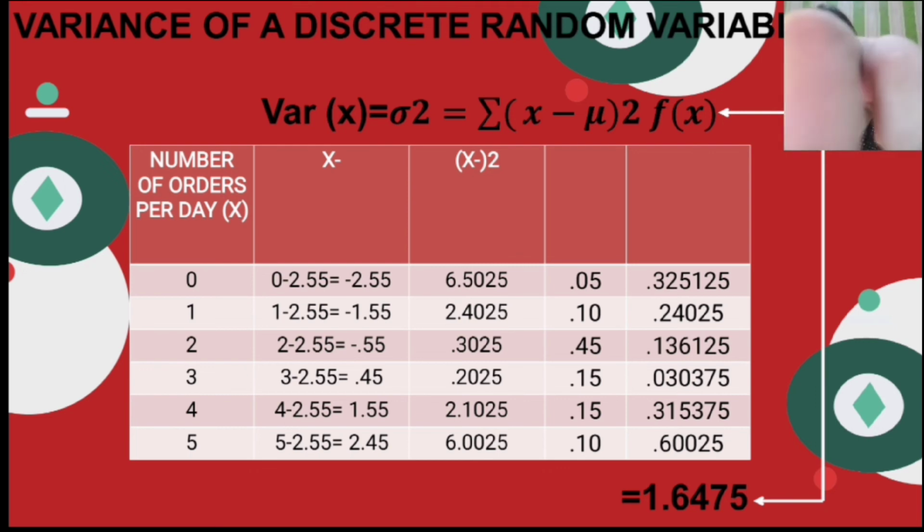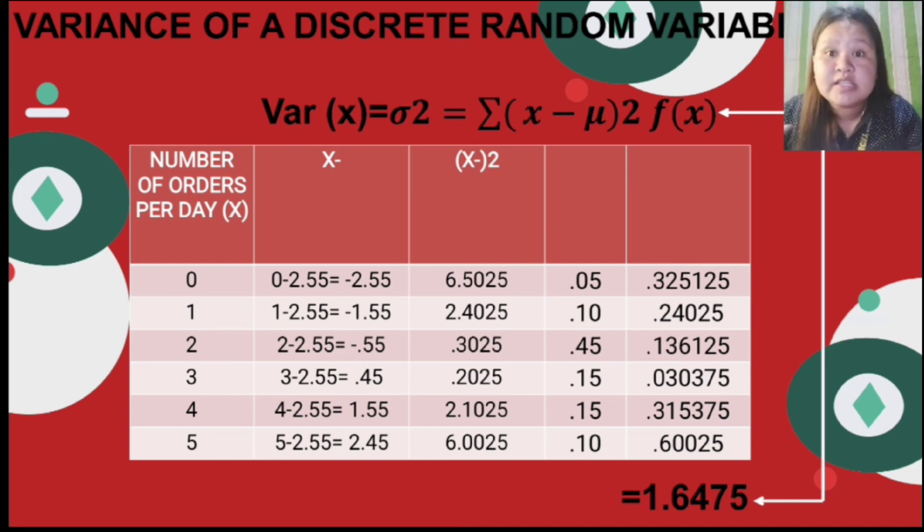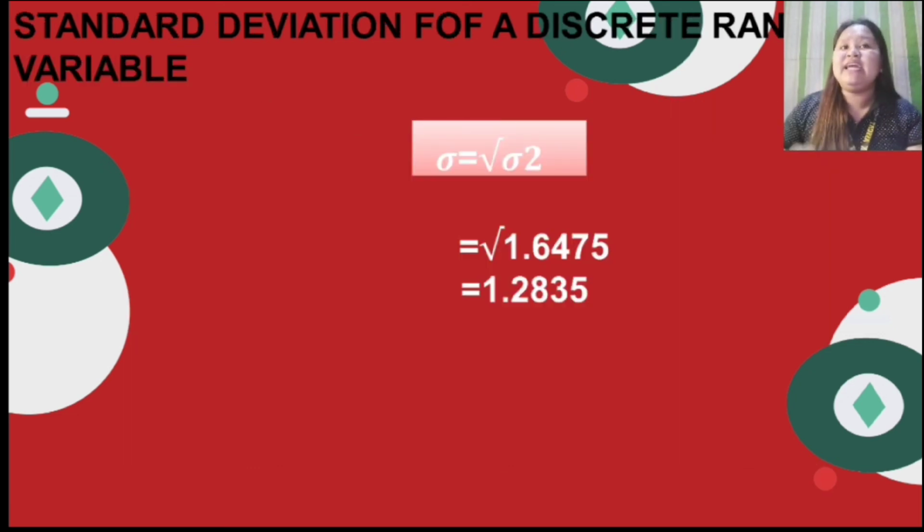After multiplying, we have the product 0.30, then 0.325125, and the others also. We calculate them all to get the variance of the discrete random variable. So we have 1.6475 as our variance. We need to take the positive square root of the variance.